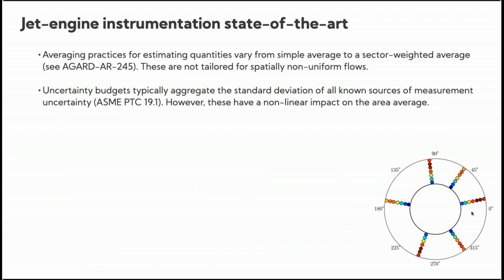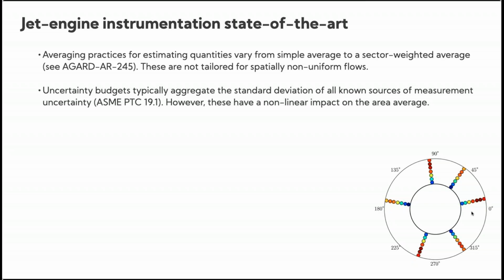And you see, this is a simple schematic of what that would look like. It's slightly scaled, obviously, but you do see 6 rakes, each with 7 probes, giving you different values of temperature.